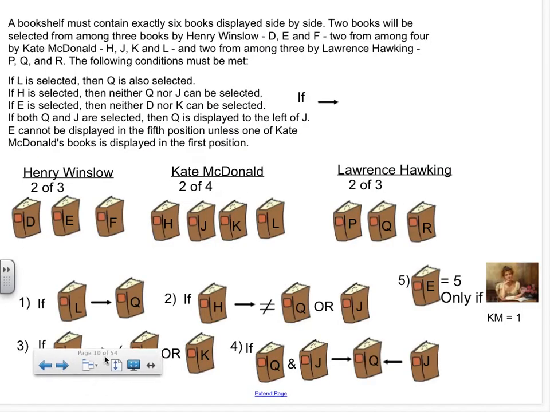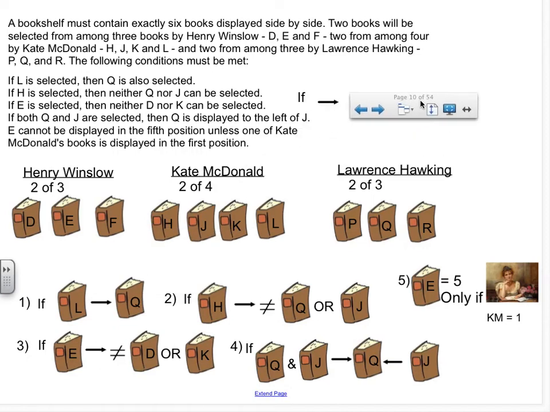When you are first practicing the analytical reasoning section of the LSAT, you may find it helpful to draw pictures so that you can better comprehend what the conditions are asking of you. So for the top part, we represented the conditions with a series of books.